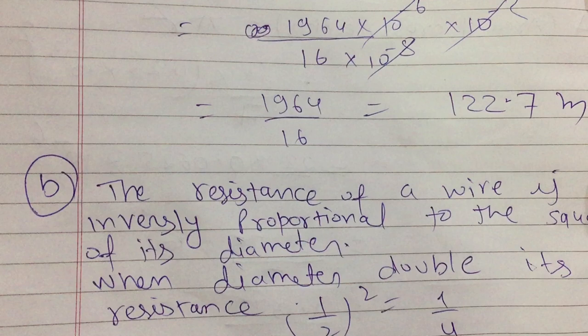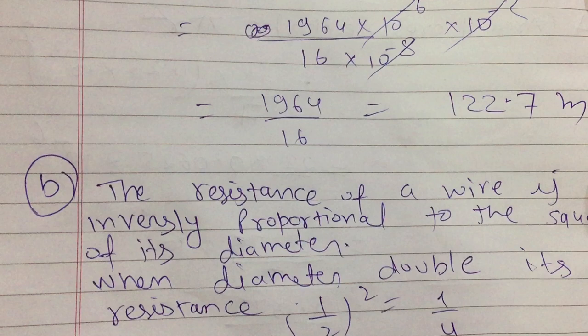Now the area of cross section A is not given but the diameter is given, and in that case we take A equal to pi r square, where the value of pi is 22 upon 7, and r square is 0.25 into 10 raised to the power minus 3, whole square.